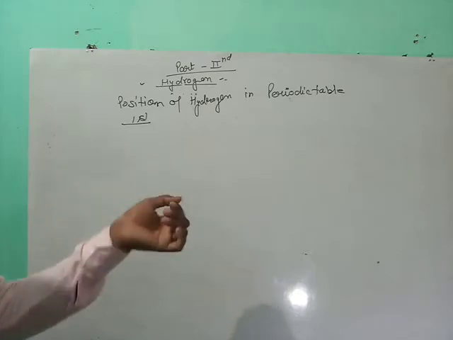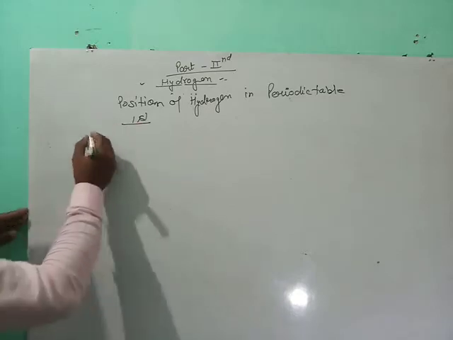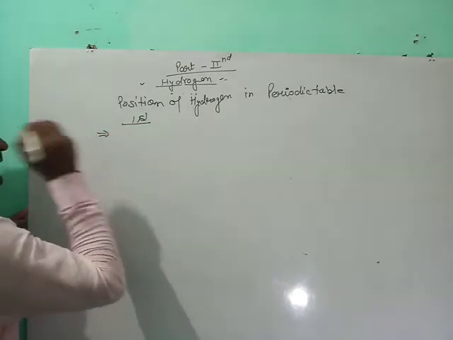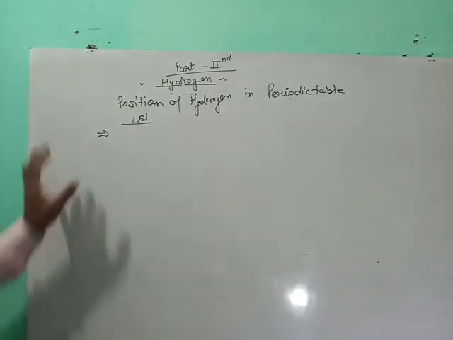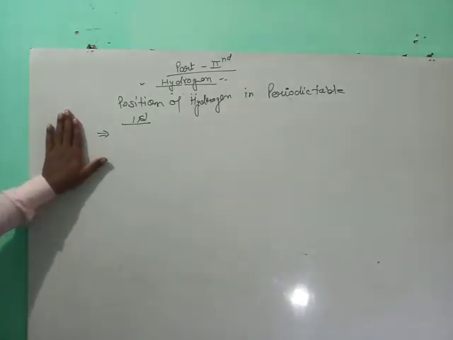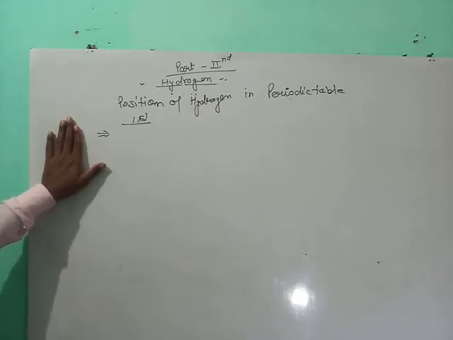a most common line. The demerit of all periodic tables is written as: the position of hydrogen is not fixed.